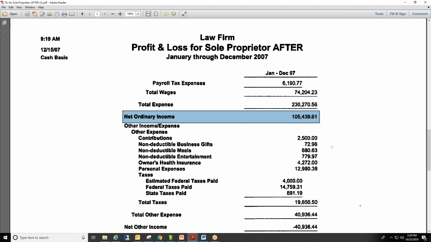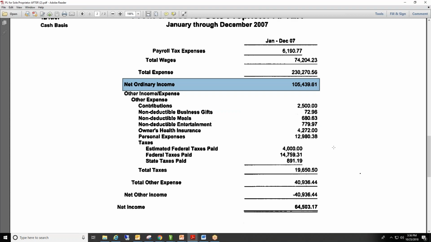Now, anything below net ordinary income is what we call below the line. So you can see here contributions, non-deductible business gifts, non-deductible meals. They're just doing a journal entry to split out 50% of the meals, non-deductible entertainment, owner's health insurance, and personal expenses, along with estimated taxes paid, as well as federal and state taxes paid.